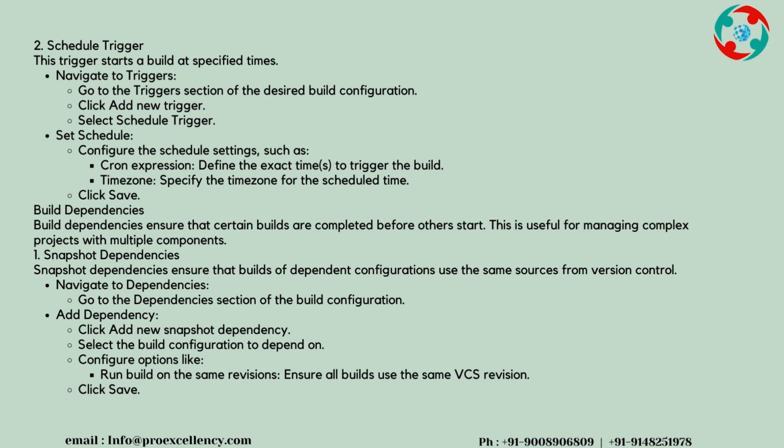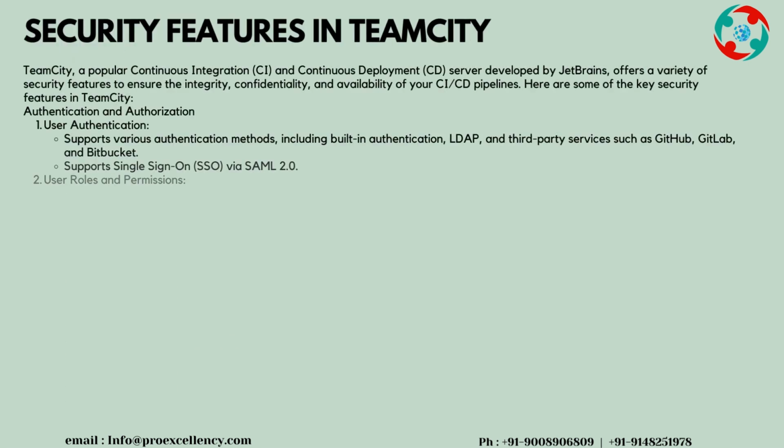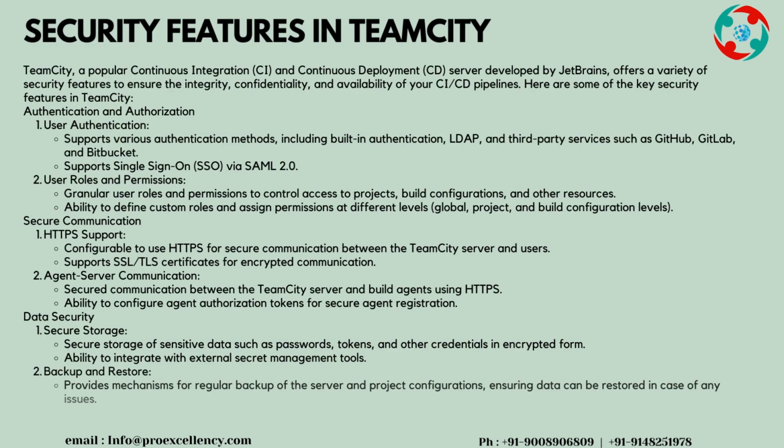Add dependency. Click Add New Snapshot Dependency. Select the build configuration to depend on. Configure options like Run build on the same revisions. Ensure all builds use the same VCS revision. Click Save. Security features in TeamCity.